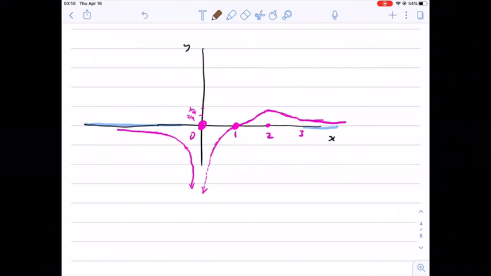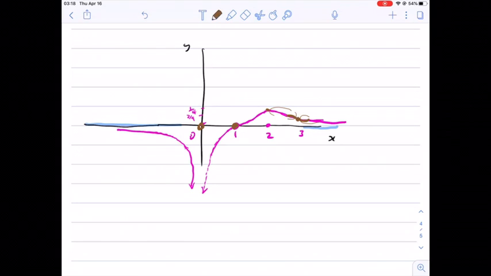So this is just a rough graph of the function. We determined some important points: the maximum, the point of inflection where the function changed its concavity. Here it was concave down, here it became concave up a little bit, and here we have the x-intercept, and here this is a singularity at 0.